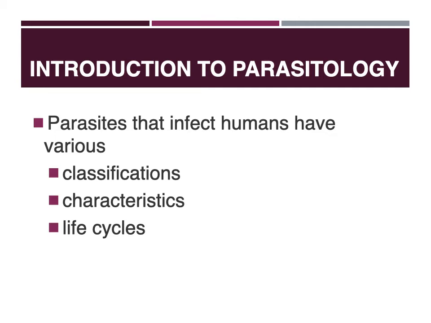So that information is very important, but there are hundreds of thousands of different parasites, and in no way are we doing more than touching the tip of the iceberg in the parasites that we're going to talk about. And so their life cycles are so varied depending upon what parasite you're talking about. So we will spend our efforts on learning other information than just memorizing life cycles.